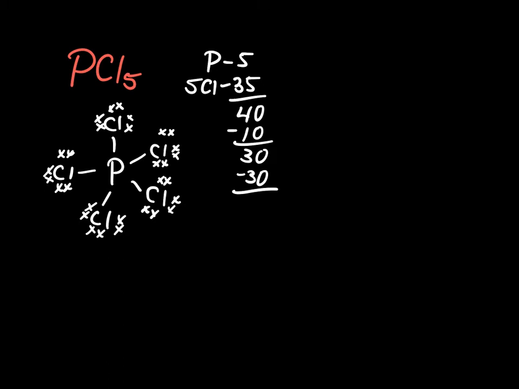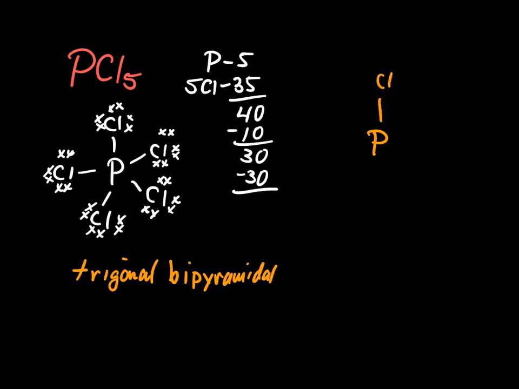So what's that going to look like? Okay, so if we put our phosphorus in the middle to get 5 groups as far apart as possible, it will assume a trigonal bipyramidal geometry, which would be a chlorine up and a chlorine down, one chlorine in that plane, one coming in front of the page toward us, one going behind the page.